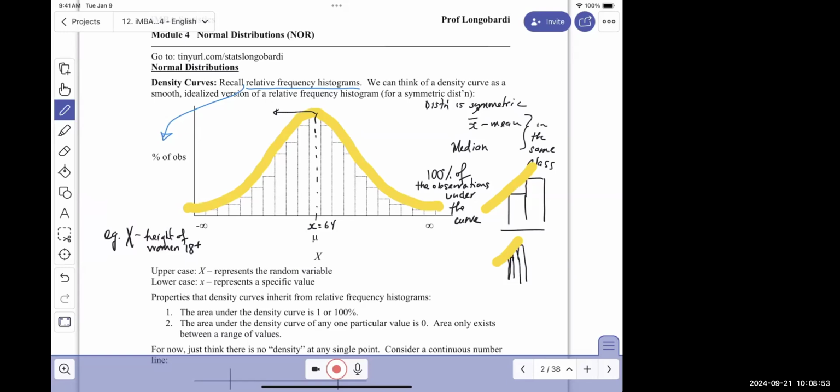From the graph, you know what it is, right? 50%. This is in inches. Let me put it here. So this is 50%.